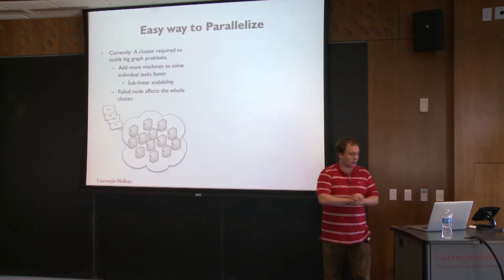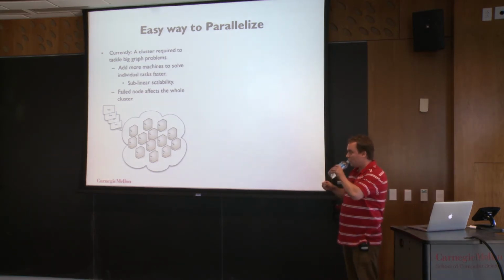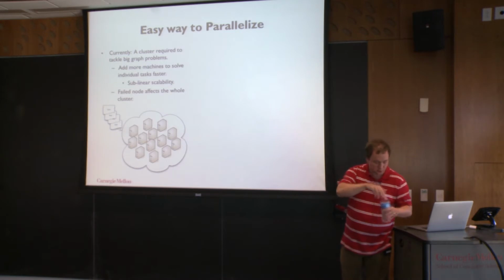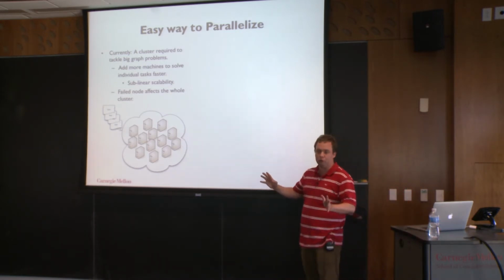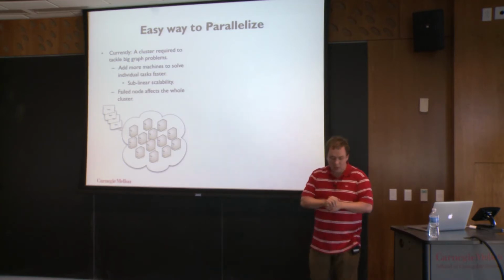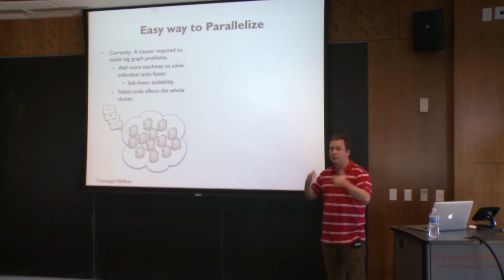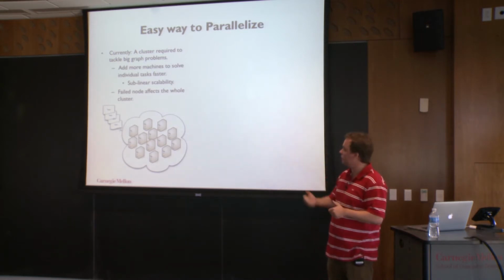Another motivation is quite interesting. Let's assume you have a large number of tasks you want to compute on the same graph or different graphs, but let's say the same graph. For example, in Twitter or Facebook, maybe they want to compute recommendations for different people, and each of those is one task.